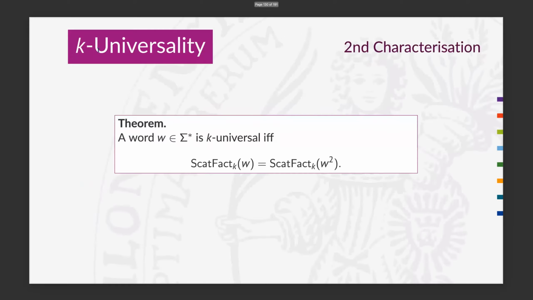We also started this research with the first paper we published about universality, scattered factor universality. And we looked at how the universality changes if I repeat a word from which I know it's k-universal. And the first result from this is that a word is k-universal if and only if the scattered factor set of length k does not change if I repeat W twice.